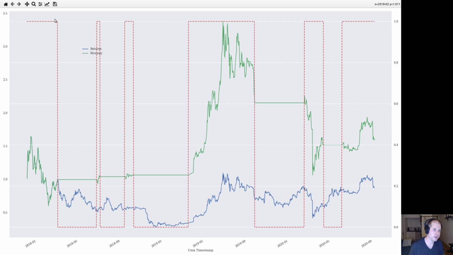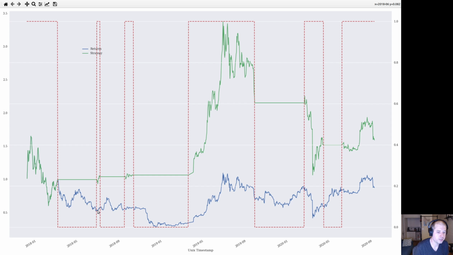So during this time, from here to here, we are buying and holding, which is the same for the bot and for simply buying and holding. But at this point, the bot decides to sell all the Bitcoin and get out of the market. During that time, the line is flat, which makes sense because it doesn't matter what the price of Bitcoin does, you're just holding dollars. So it turns out it was a good decision.